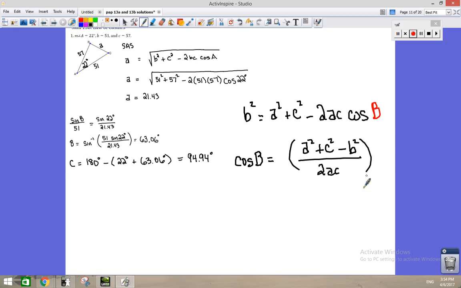So there's the ratio for this cosine angle, angle B. I need to use the inverse cosine in the calculator, and let's plug in our values.